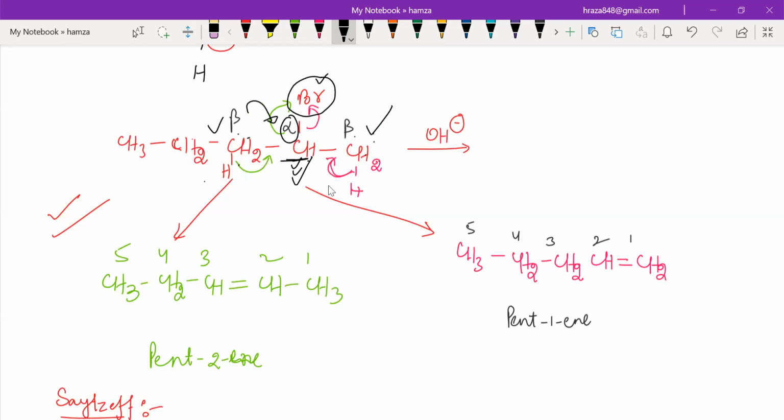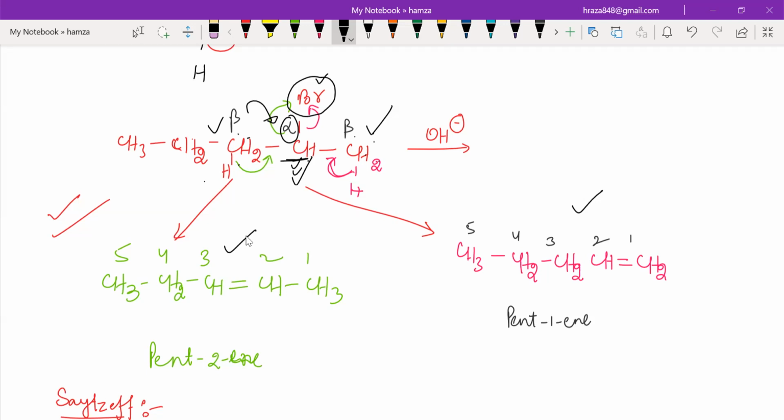So there will be a possibility of two products. You can see this. Sir, so that means the alpha carbon can make a double bond with the beta carbon. Yes, alpha carbon makes a bond with the beta carbon.